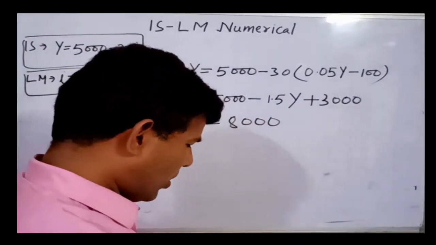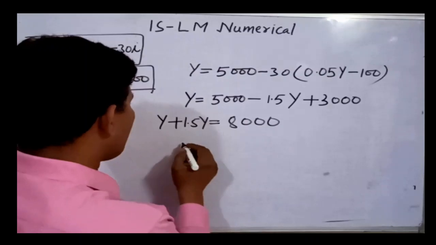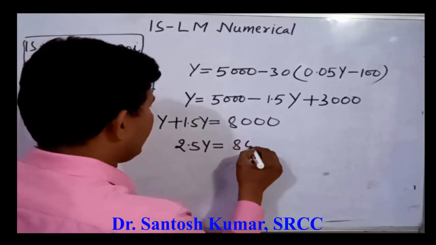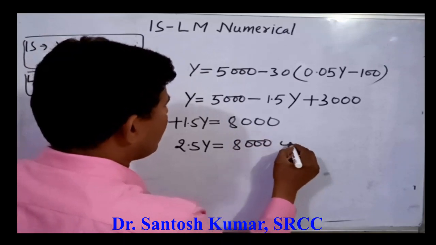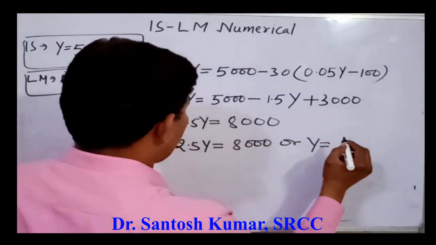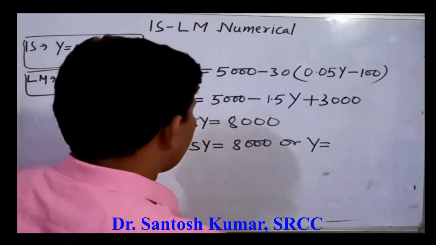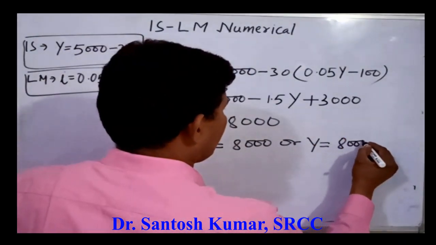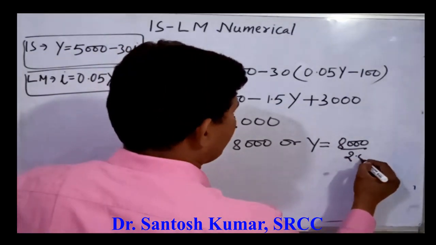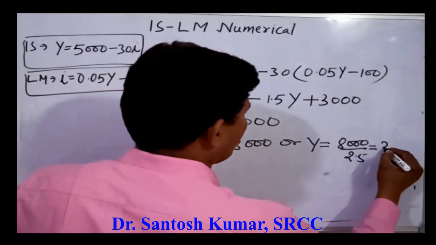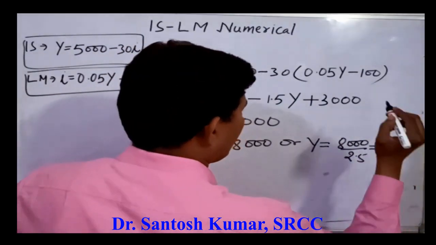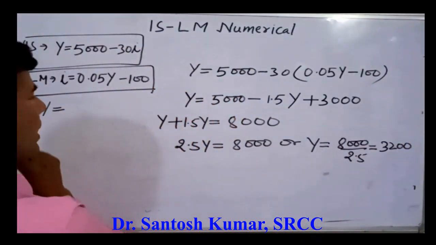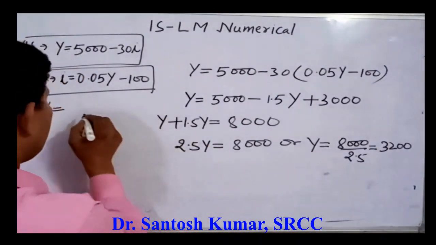This is nothing but 2.5Y, which is equal to 8,000, or Y is equal to how much? 8,000 divided by 2.5 will give you 3,200.